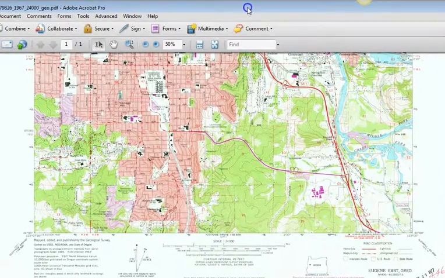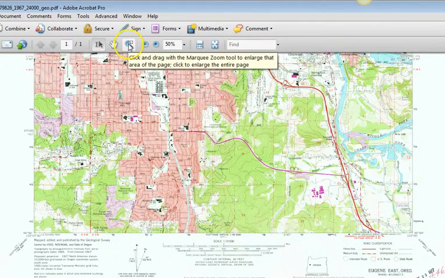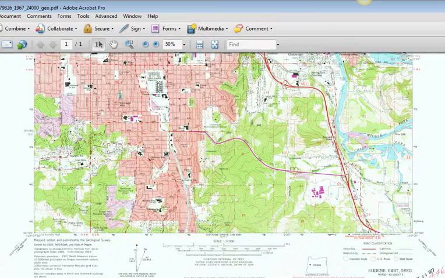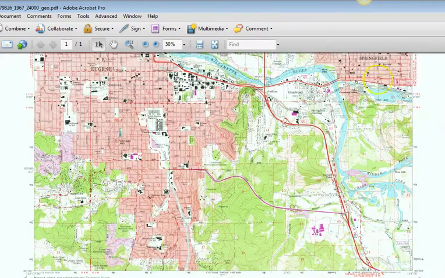Looking at the topographic map, and again you can open up the topographic map for the Eugene East topographic map, if you notice on these maps, the township range and section information is in red, as are highways and other divisions, which make it a little bit tricky.